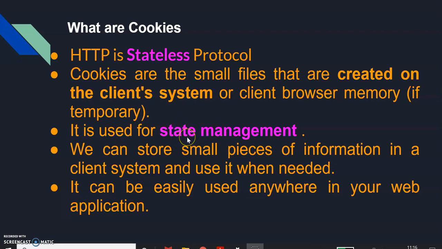I just gave an example. I visited ASP.NET book items on a particular e-commerce website. Then this information will be maintained by the server, about which different web pages I have visited.